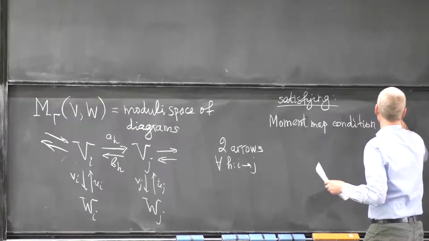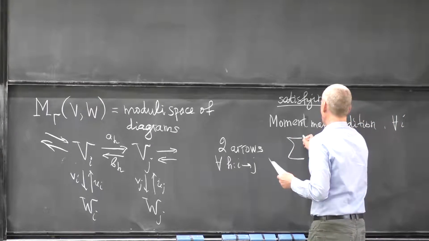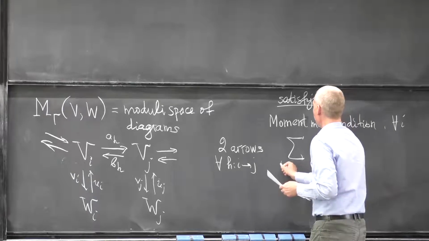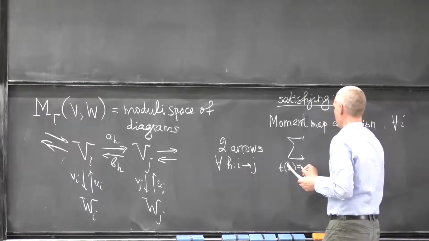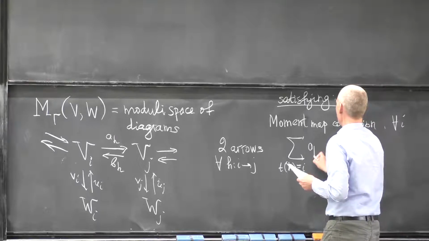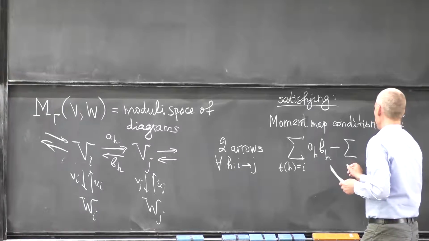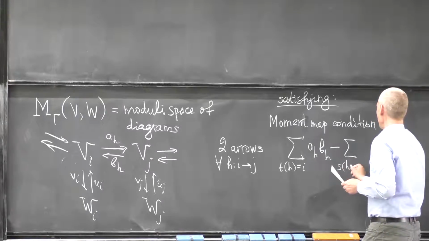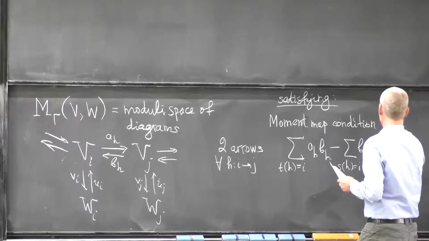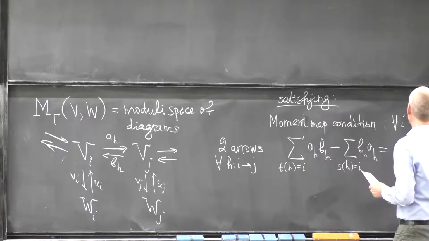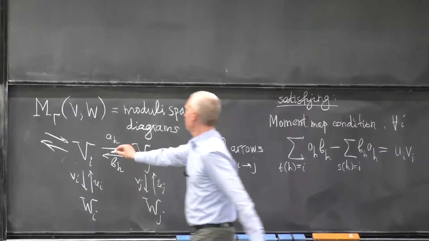It means that for every i, you have the sum over arrows h which terminate at i, the target of h equals i, of A_h B_h, minus the sum over arrows h which start at i, of B_h A_h, equal to U_i V_i.